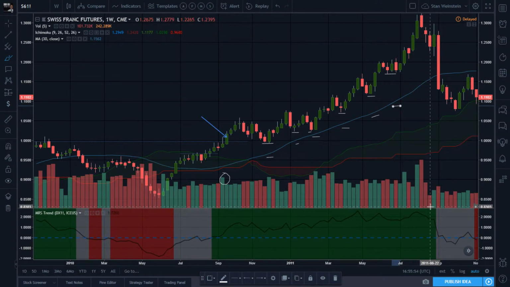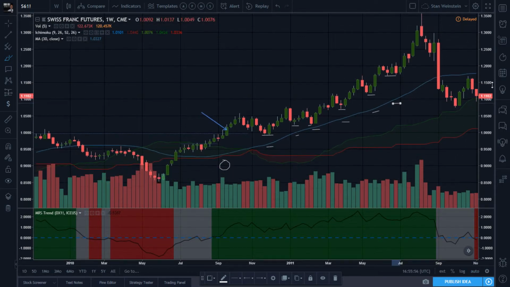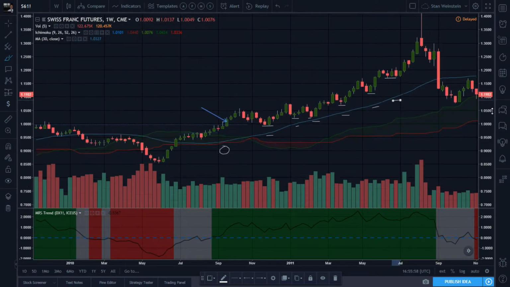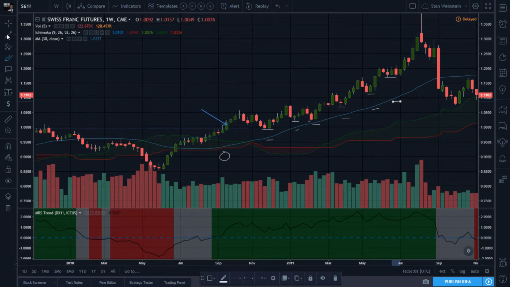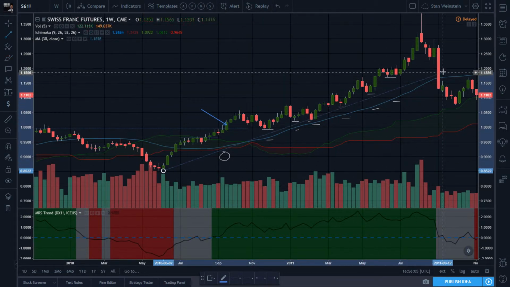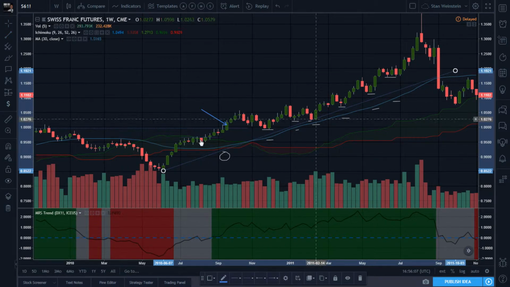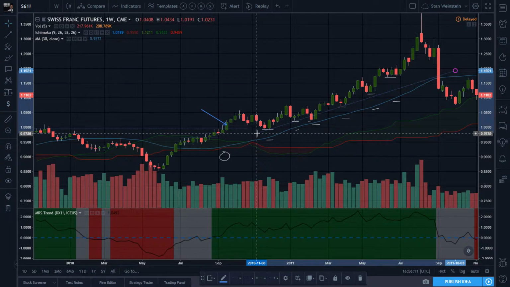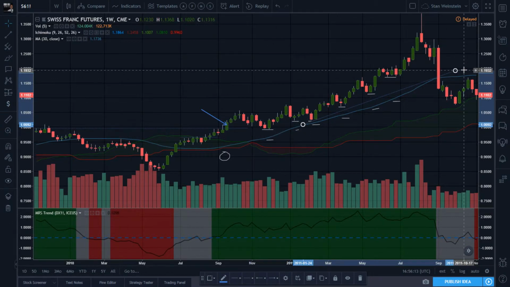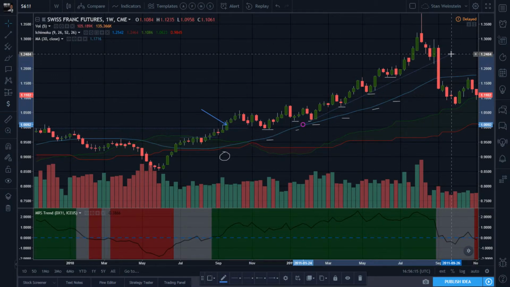And where's the last one? What could have happened here? Did we have a valid trend line? One, two, not this way. Stan wants 3 dots.